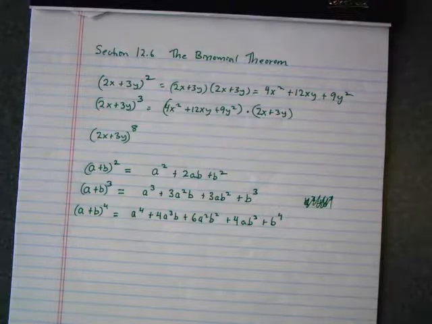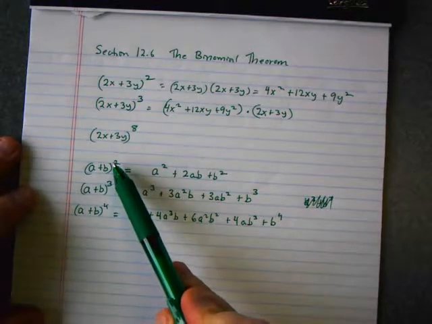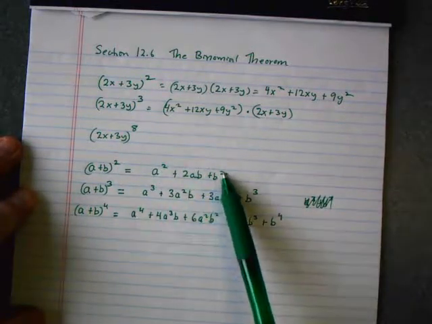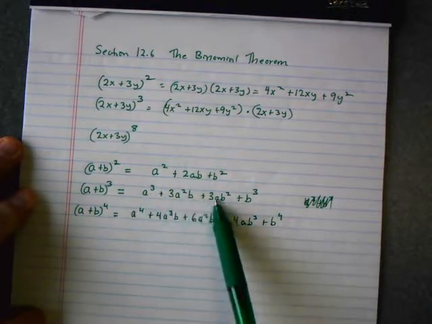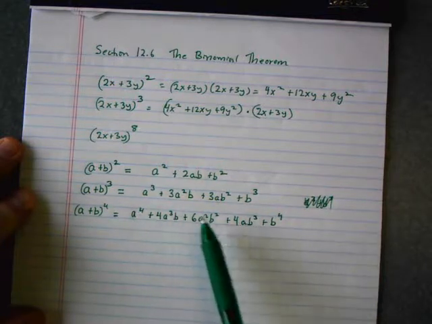All right, so tell me about some patterns that you see. Okay, so I started with a square. I had 3 terms. When I had a cube, I had 4 terms. When I had a 4th, I had 5 terms. That's a good pattern.